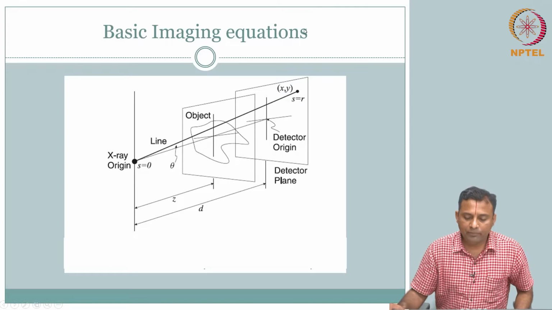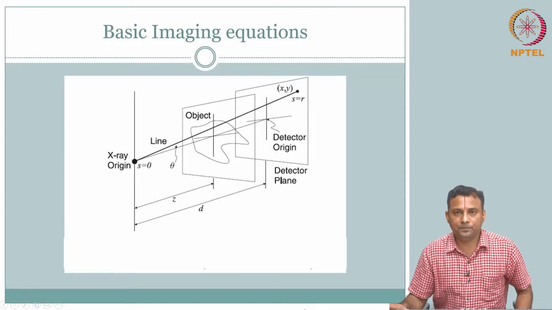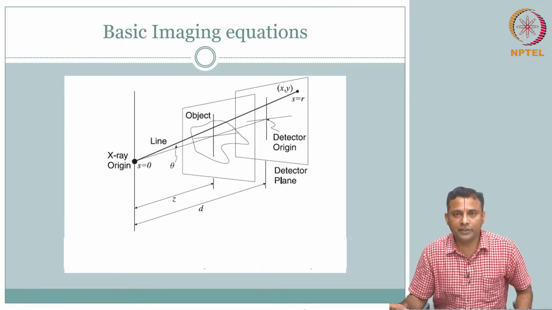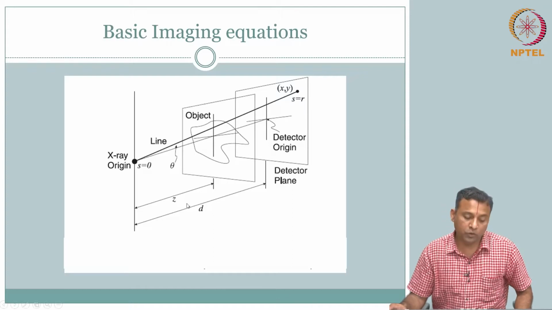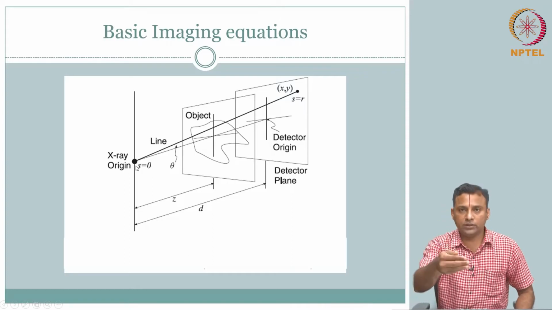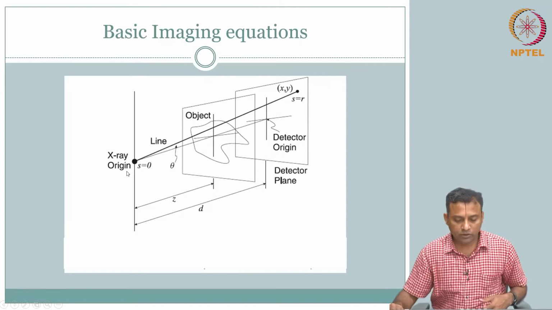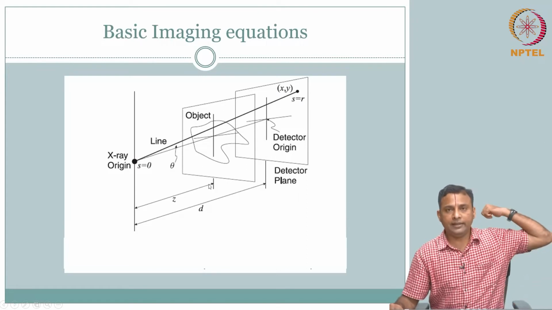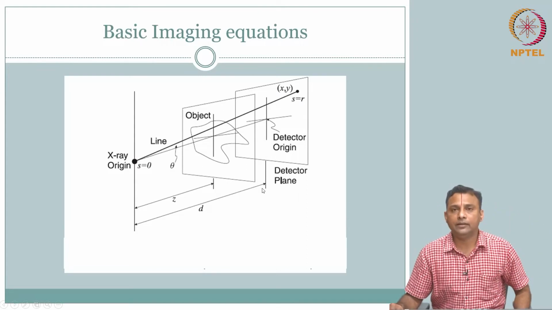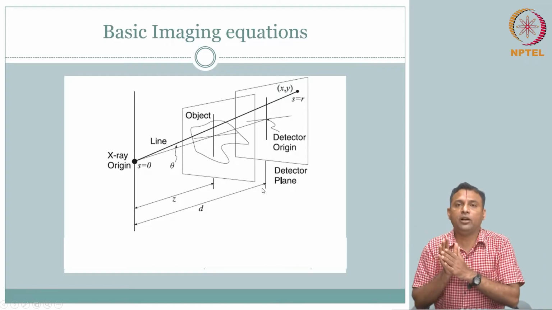So, this is the paradigm that we are interested in. When we talk about image formation, we are going to deal with a source, an object, and a detector behind.